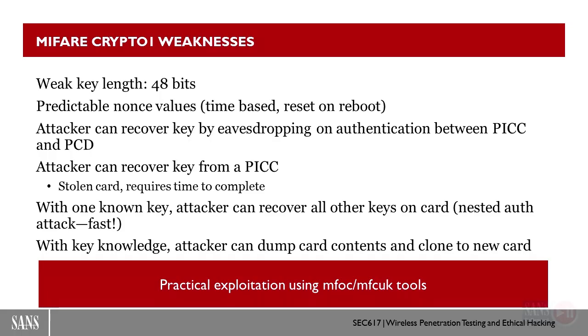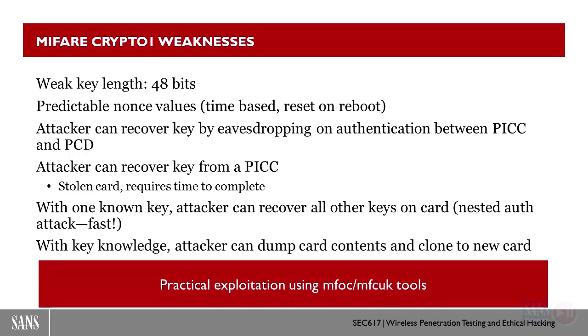We can do some key eavesdropping in that 3 to 5 centimeter range if we so chose. So we've got a couple of issues. If we obtain a card, we can attempt to query it with potentially known nonce values based on those resets and attempt to brute force a 48-bit key.